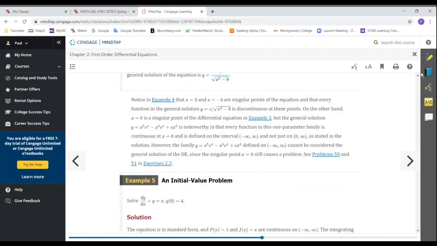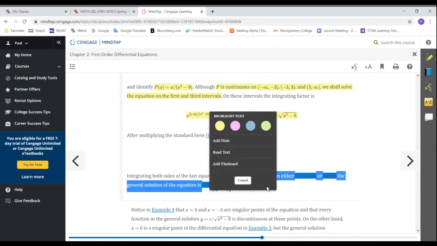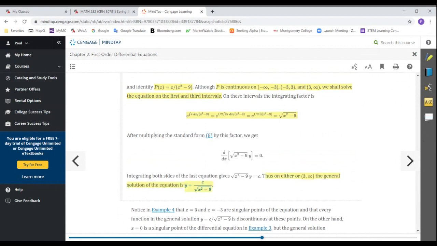So now, final comment. Thus, on either the interval negative infinity to negative 3 or 3 to infinity, the general solution of this differential equation is y equals a constant over the square root of x squared minus 9.